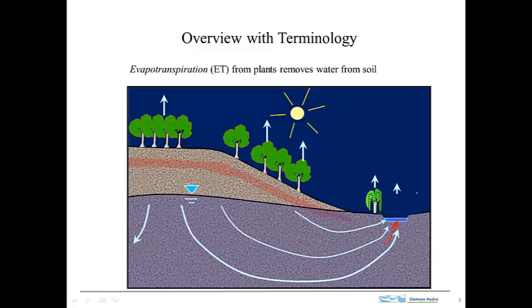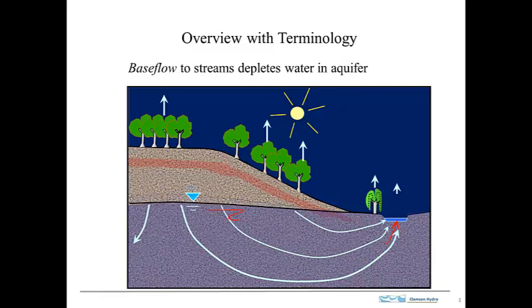And in order to do that, the water has to come from somewhere, and indeed, it's coming from storage in the aquifer. And so for the water to be discharging to the stream, it has to be removed from storage up here in the aquifer, and that causes the water table to fall. And so the water is coming out of storage in the aquifer and providing what we'll call base flow to the stream. This is groundwater discharging up through the stream bed and giving a base level of flow to the stream.